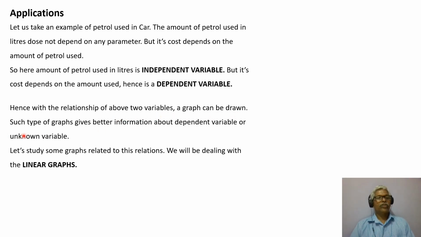Such types of graphs give better information about dependent variables or unknown variables. We will see some examples, then this will be clear. So let us study some graphs related to this relation, and we will be dealing with linear graphs only. We move ahead, see some examples and try to understand this. Still, if you face any problem, let me know through the comment section.